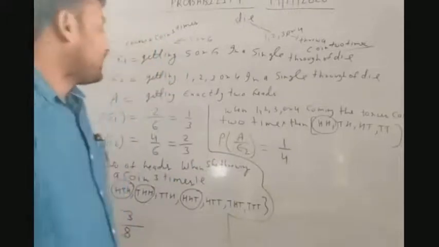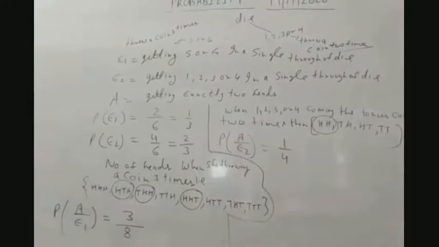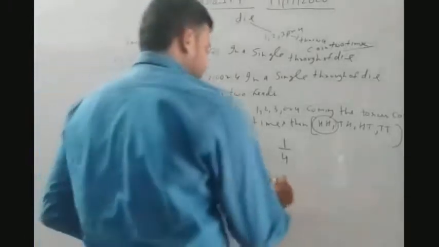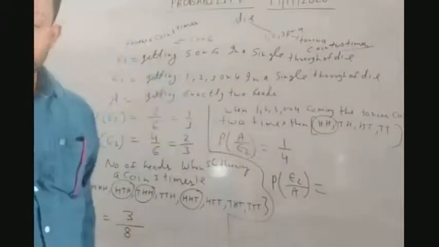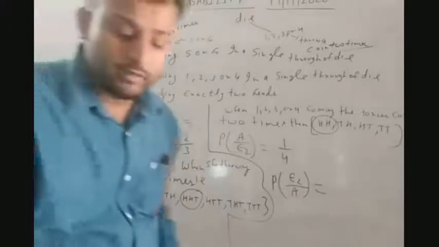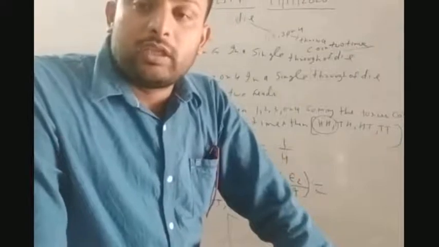Okay. Now we have to find the probability that she threw 1, 2, 3 or 4 with the die. So we have to finally find the probability of E2 by A, because the question says to find the probability when it is 1, 2, 3 or 4.